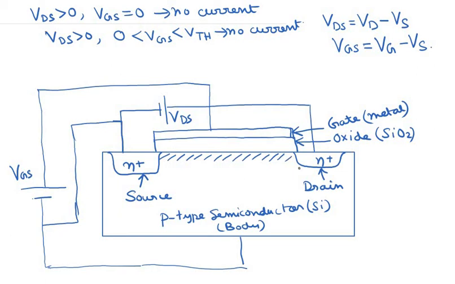Of course, since VGS is now greater than 0, a depletion layer is created at the surface or near the surface. This depletion layer is created because this voltage VGS imparts an electric field at the body in this direction.